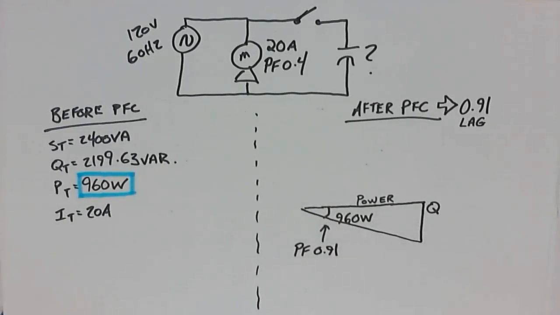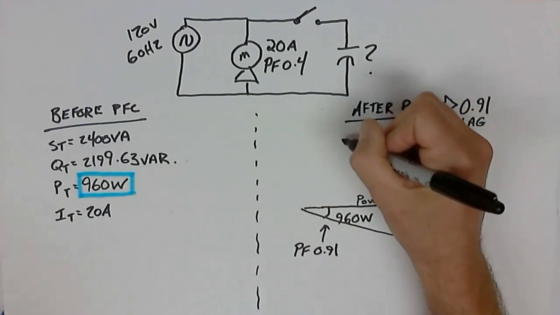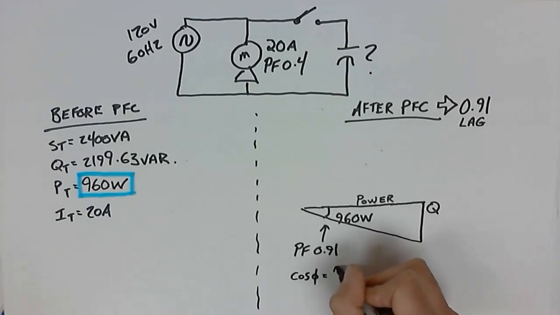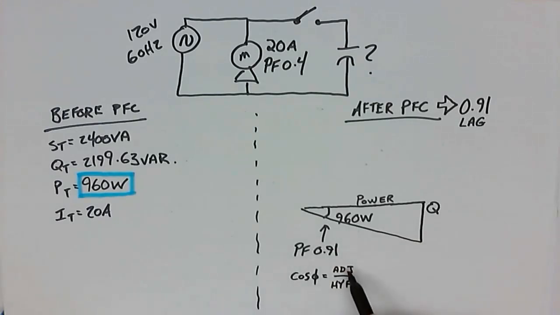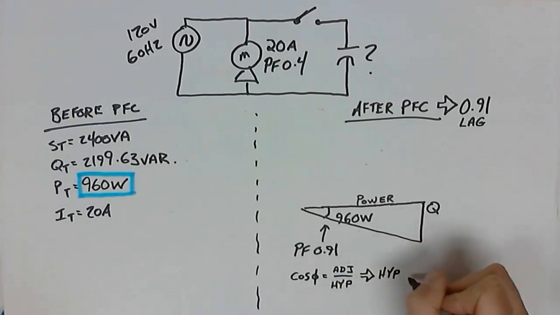So remember, cos of your angle, where should we write this? Let's write it down here. Cos of your angle is equal to the adjacent divided by the hypotenuse. I know the adjacent, and I know this. I'm looking for the hypotenuse. So we need to take this equation and adjust it so that hypotenuse is alone as a single variable.